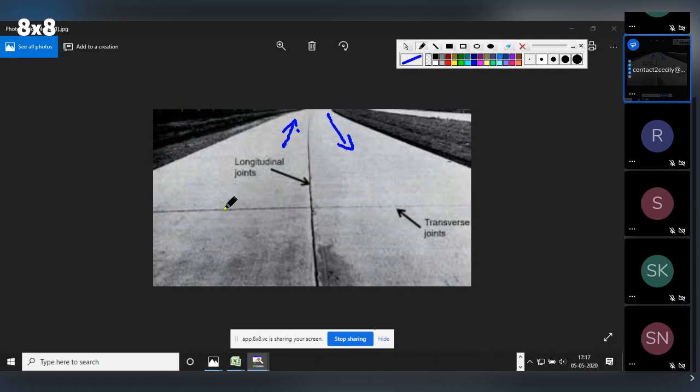So obviously there will be some gaps, which will be filled by the filler material. In the expansion joint, I said the gap will be throughout its depth, and it will be filled by some filler material. That means the filler material strength and the concrete slab strength will be different.